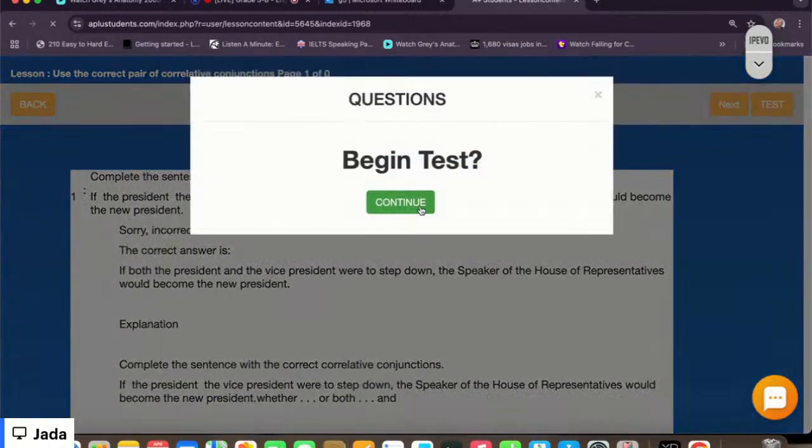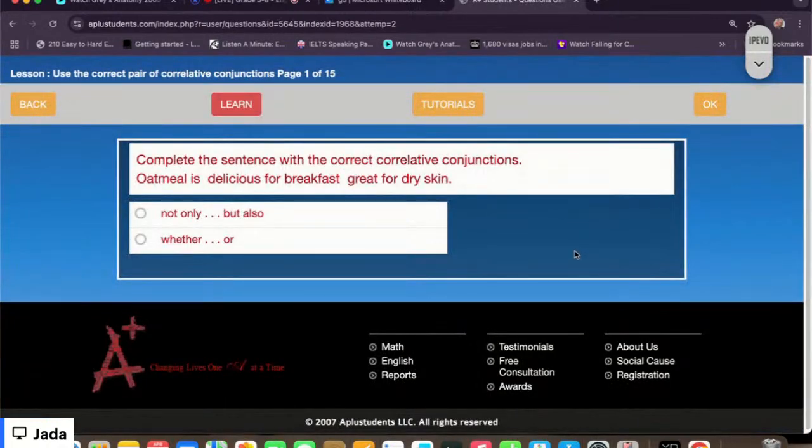All right, we will move on to the test. You all share your answers with me. Complete the sentence with the correct correlative conjunction. Oatmeal is dash delicious for breakfast, dash great for dry skin. Not only but also, or whether or. What do you think is the right one here?